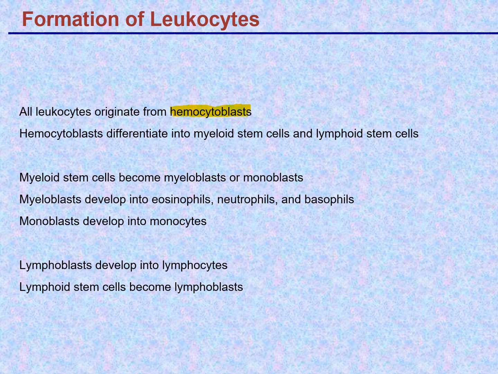In terms of leukopoiesis, white cell production, these can differentiate towards myeloid cells or lymphoid cells. The myeloid cells can lead to development into the different granulocytes: the eosinophils, neutrophils, and basophils.